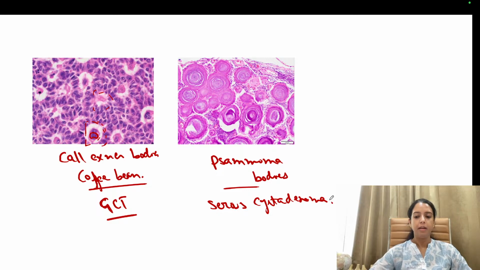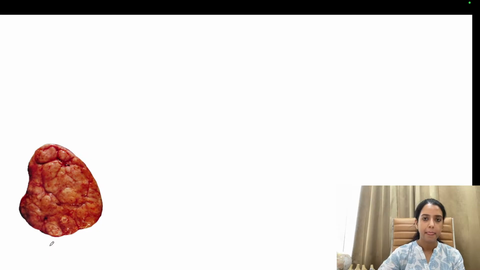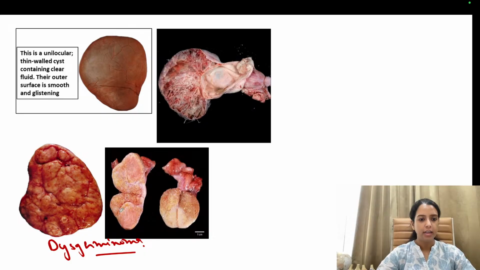Okay? The rest of the details of ovarian cancer I am not discussing. We are just discussing the images. What is this? A bosselated, yellowish tumor. Dysgerminoma. When you do a cut section, the yellowish tan appearance is dysgerminoma.